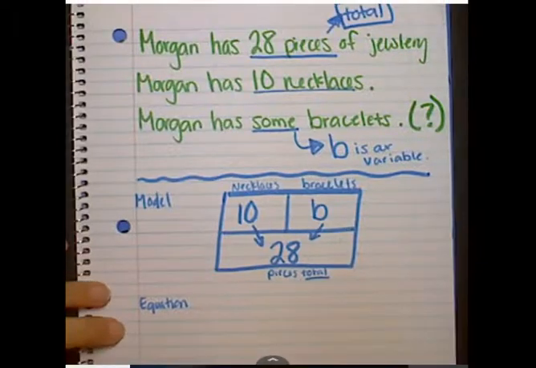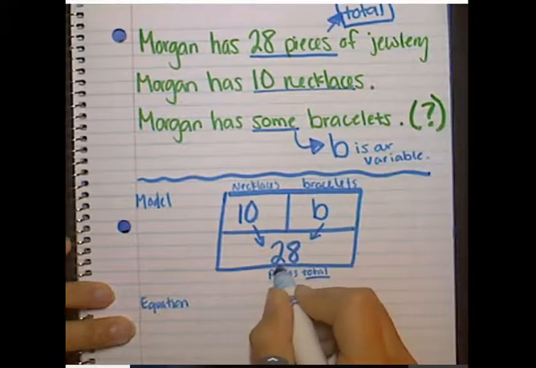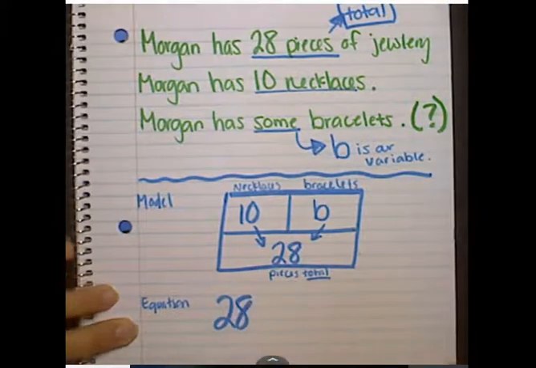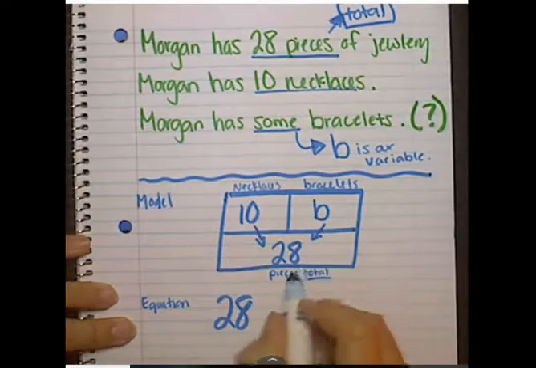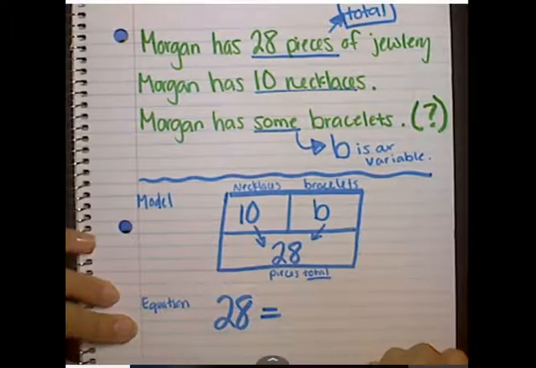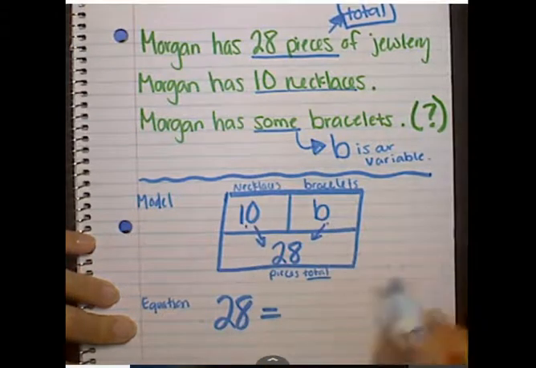And now that we've set up our model, we can use this to help us set up our equation. We know that we have 28 pieces total. I'm going to go ahead and write down my 28 pieces all together. And in order to get that 28, we need to combine our 10 necklaces and our bracelets.